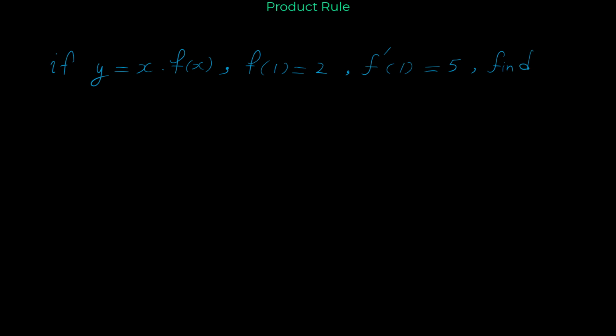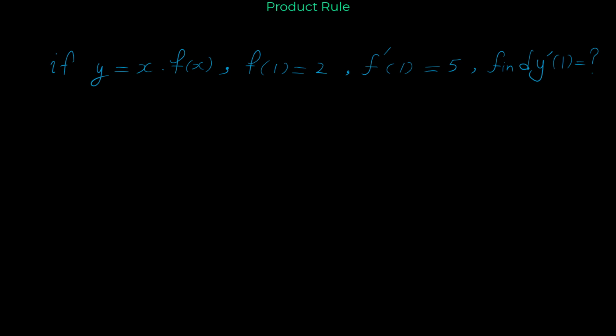Let me show you another example. If y equals x times f of x, and if we know that f of 1 equals 2 and f prime of 1 equals 5, find y prime at 1.